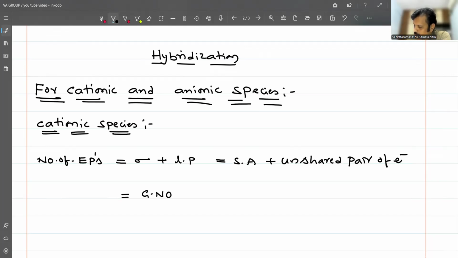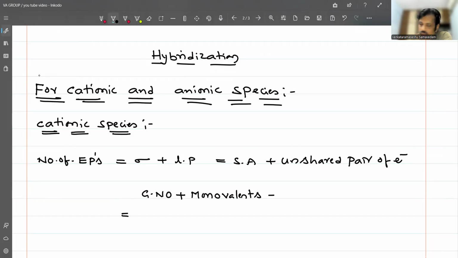same as the formula we discussed earlier for neutral molecules, we have to take the group number. Along with the group number, we have to take monovalent atoms connected to the central atom. Monovalent atoms are nothing but hydrogen or halogens.